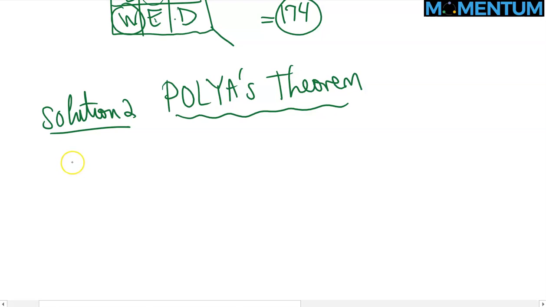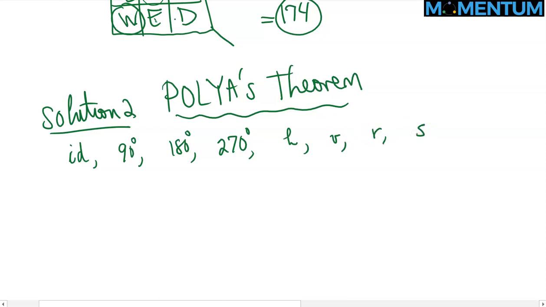Just to remind you, the symmetries of the square were identity, the 90-degree rotation, the 180-degree rotation, the 270-degree rotation, then the reflections across the horizontal axis, let's call it H, the reflection across the vertical axis, and then the 2 diagonals. I'll call them R and S, the remaining 2 diagonals, like that and like that. This one is a vertical axis of symmetry, this one is a horizontal.